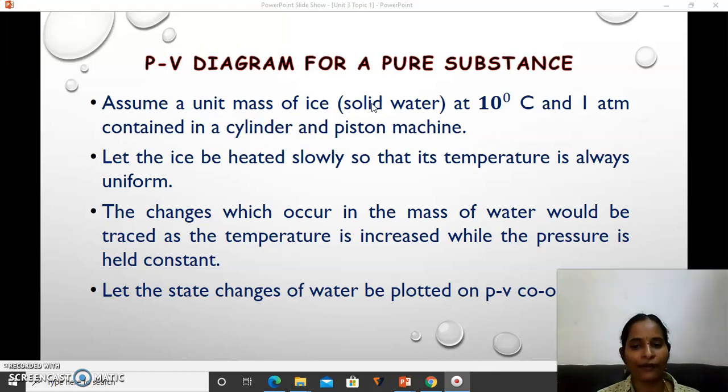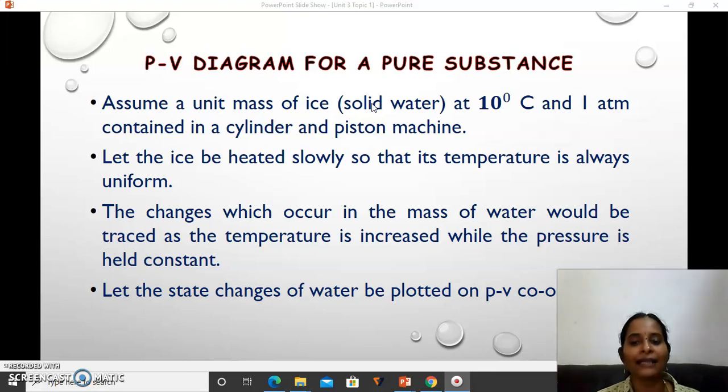So here we have seen pure substances. What is a pure substance? It is homogeneous in nature. Its chemical composition is uniform throughout the matter. Its distribution is uniform and it exists as a single species.